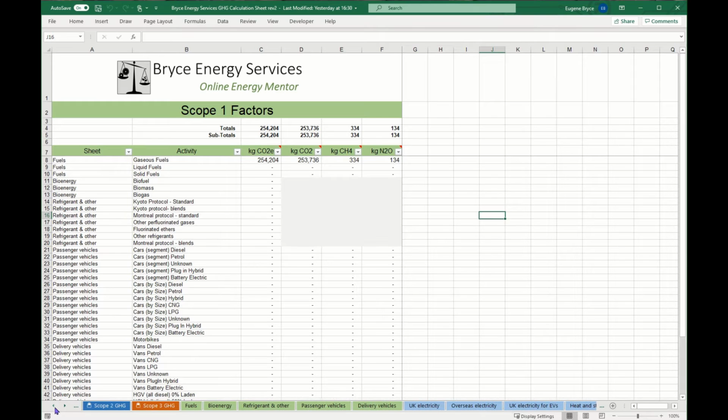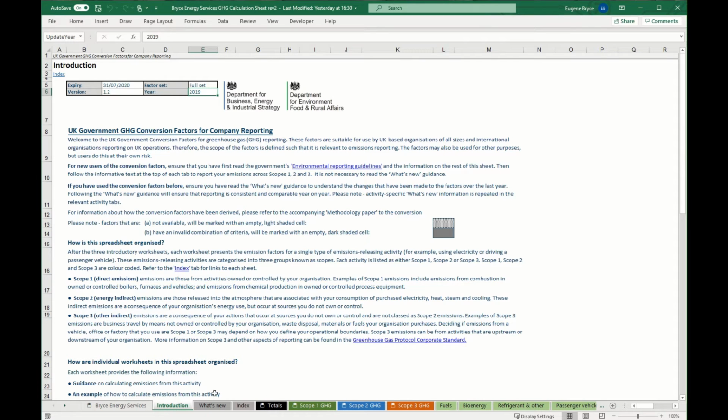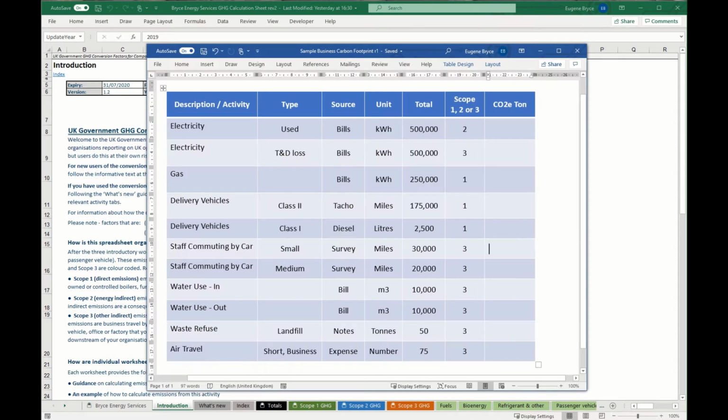So what we want to do now is start plugging in the individual elements that we have identified. Firstly, we're looking at electricity, scope 2 for the actual consumed electricity by the business, and scope 3 to account for the T&D losses.